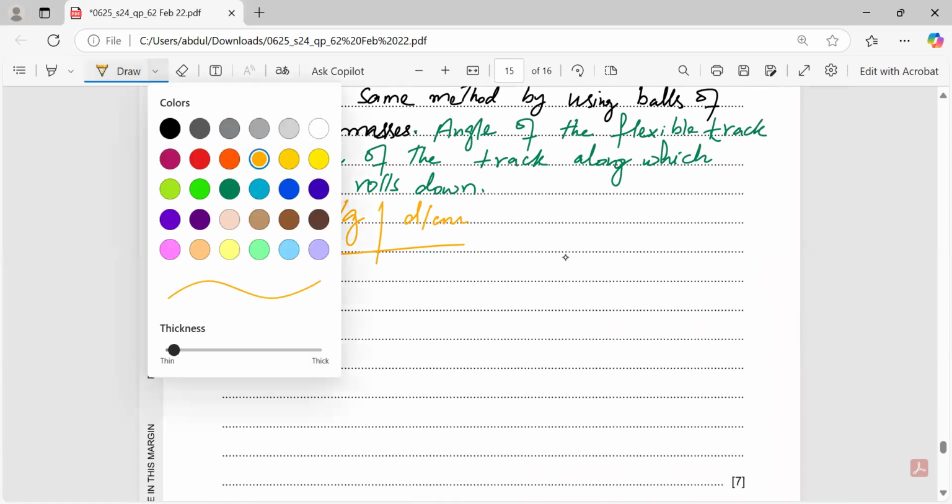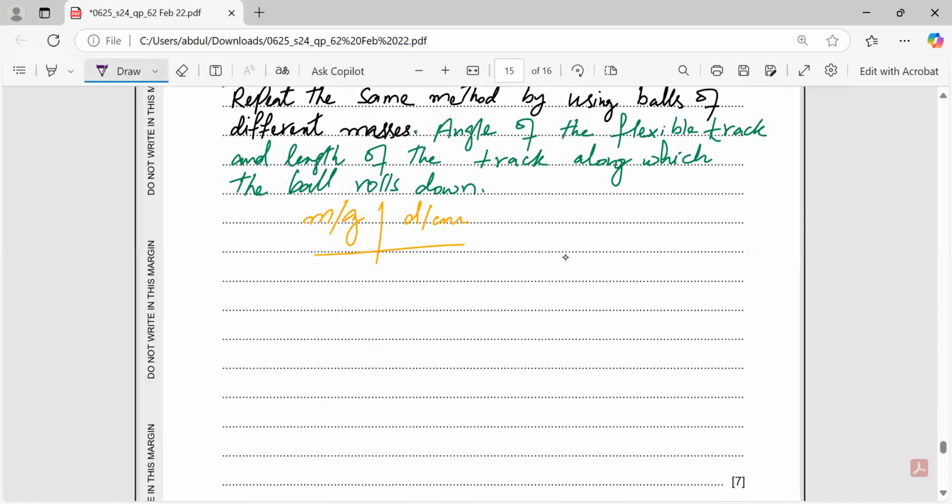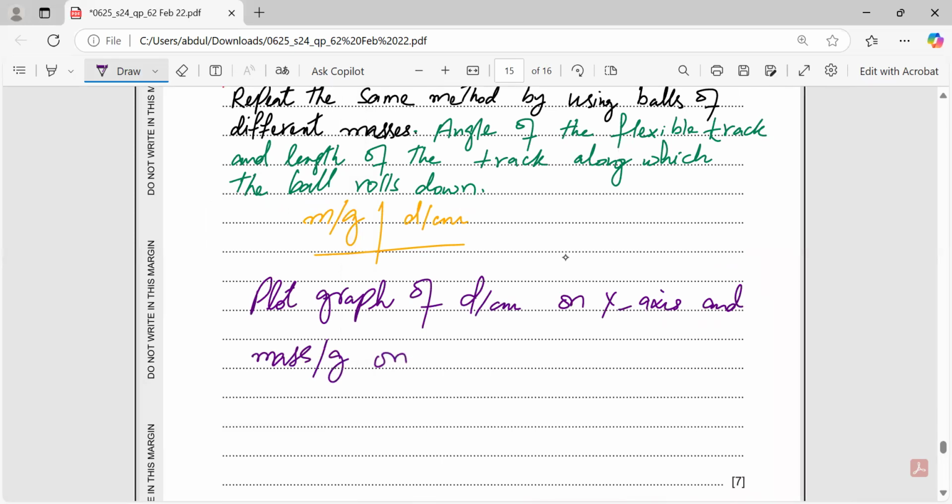So next is now plot a graph of distance in centimeters on the y-axis and mass in grams on the x-axis to reach a conclusion.